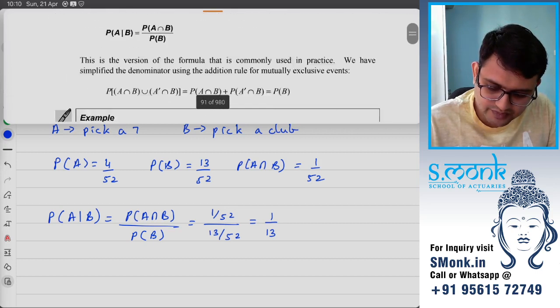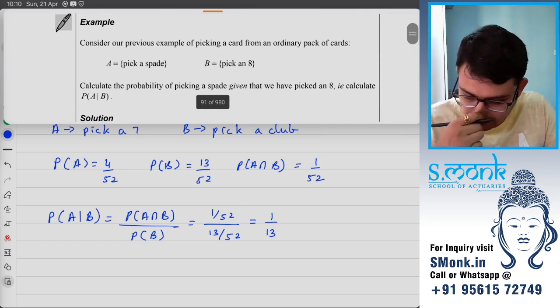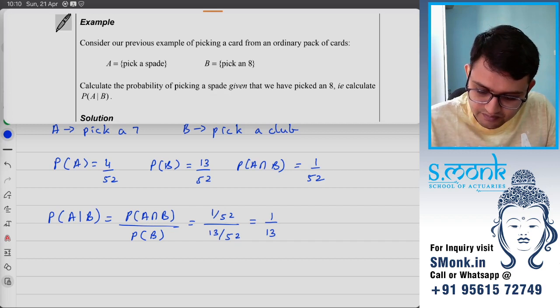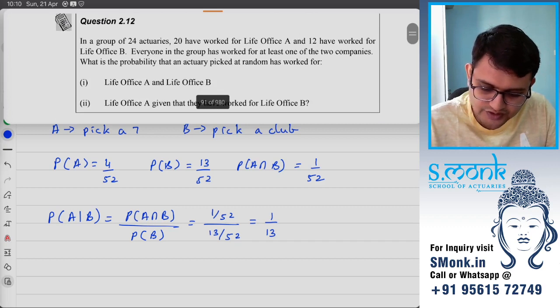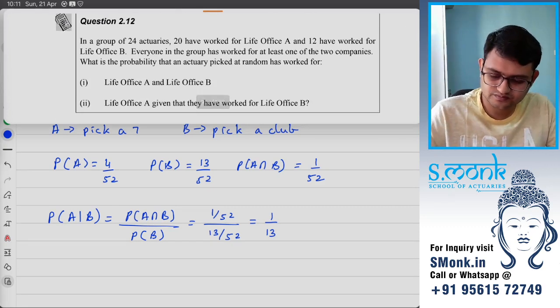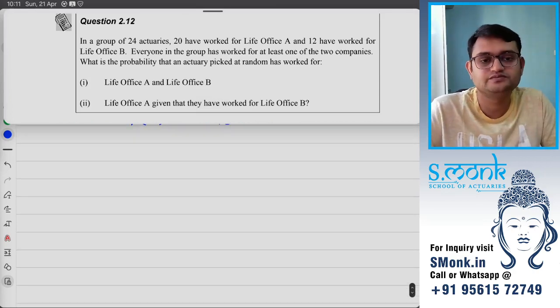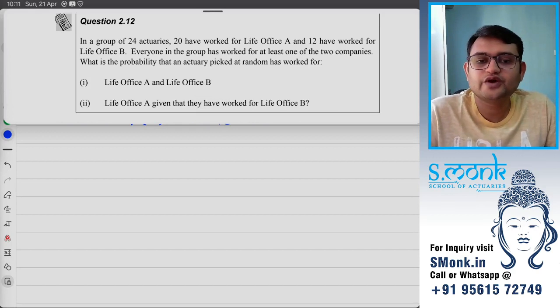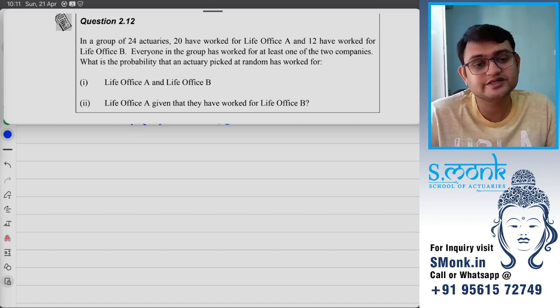Let's take another example. In a group of 24 actuaries, 20 have worked for a life office A and 12 have worked for life office B. Everyone in the group has worked for at least one of the two companies. When they say at least, that means it could be both the companies as well.